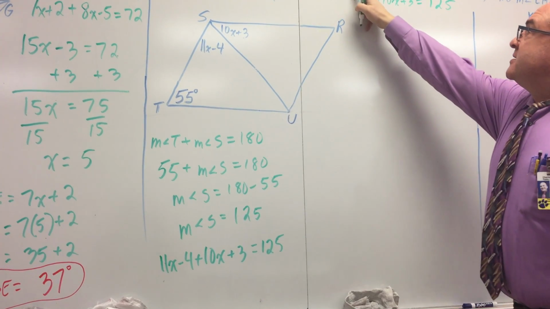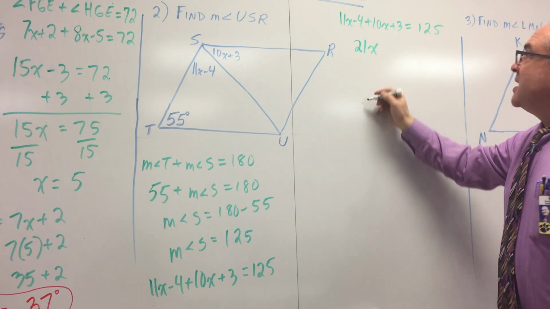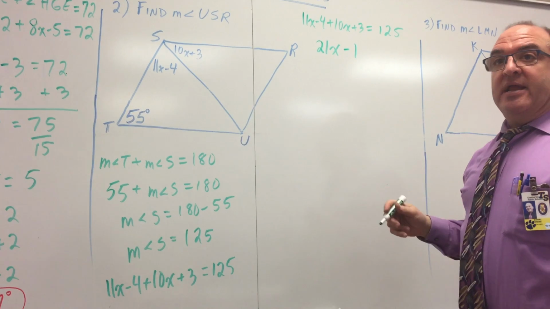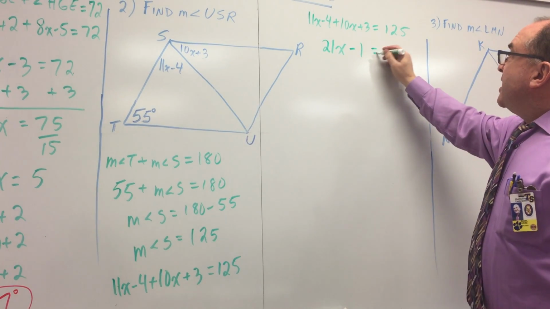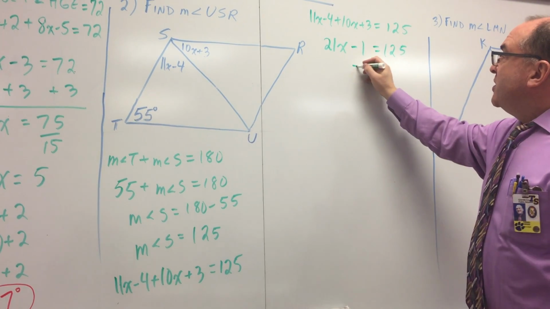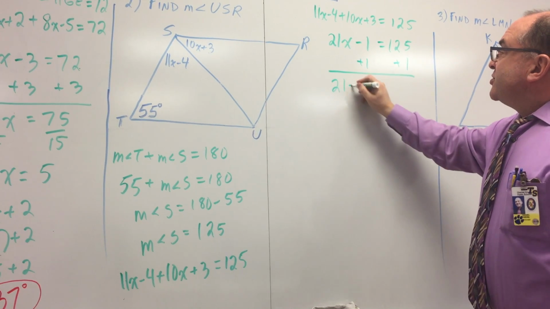What's 11x plus 10x? 21x. Negative 4 plus 3 is negative 1, right? Equals 125. I'm going to add 1 to both sides. So combine like terms, right?